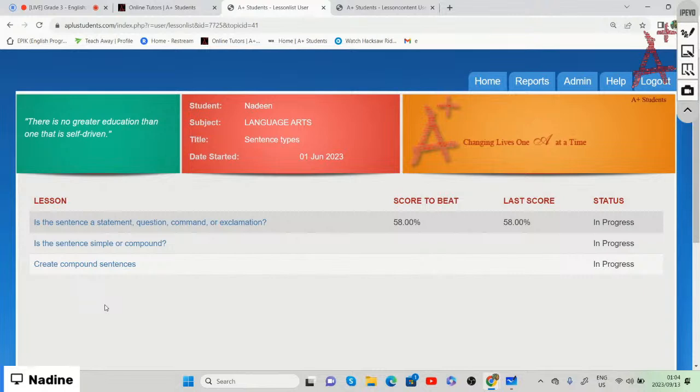So under our chapter of sentence types, we're going to be focusing on the lessons of: is the sentence a statement, a question, a command, or an exclamation? Is the sentence simple or compound? And we're going to create compound sentences.